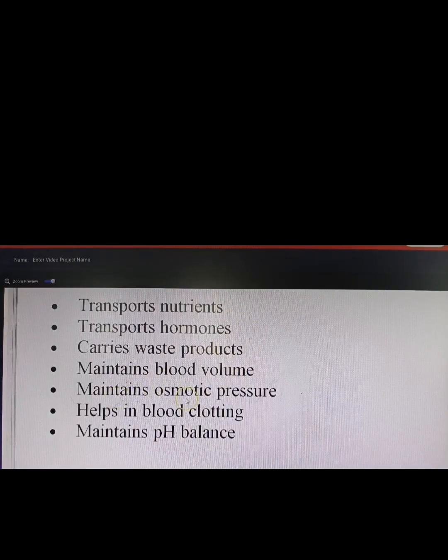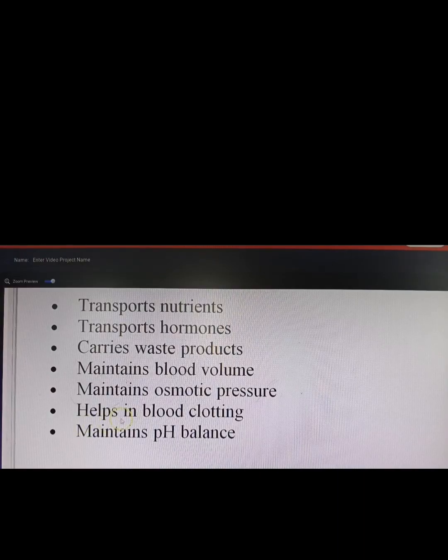Next one is maintains osmotic pressure. Osmotic pressure is the pressure created by plasma proteins, mainly albumin, that pulls water into the blood vessels and prevents excessive loss of fluid into the surrounding tissues.